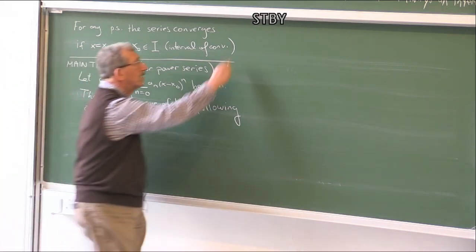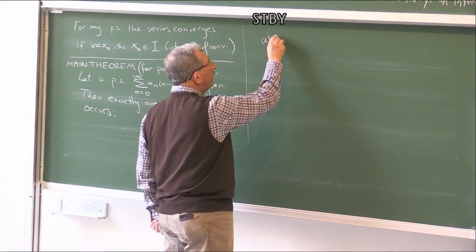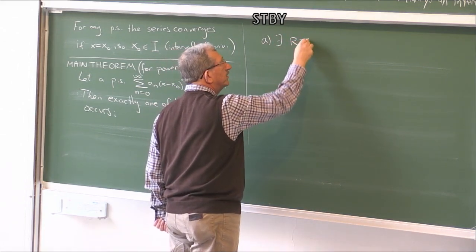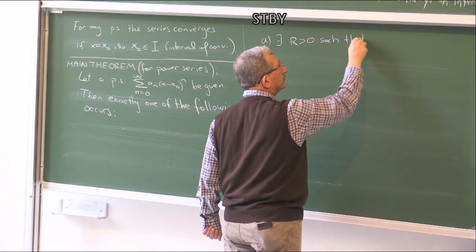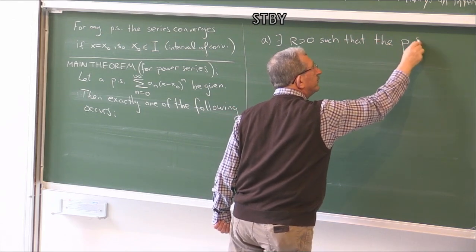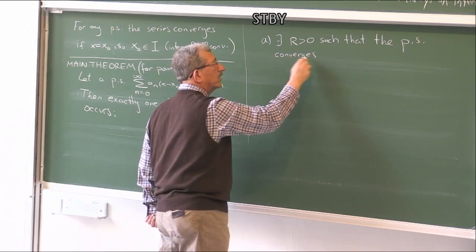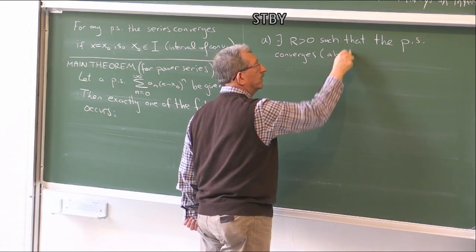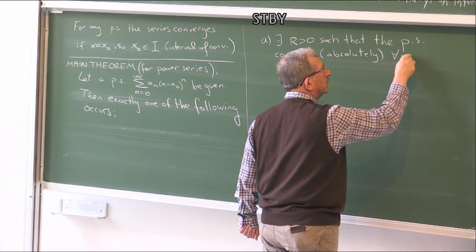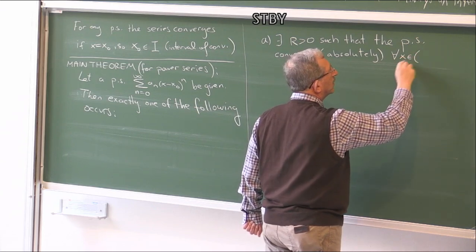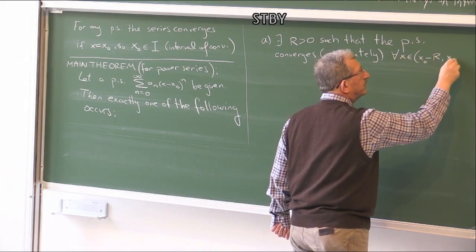Firstly, there exists a positive real number r such that the power series converges, in fact, absolutely, for every x in the interval x0 minus r, x0 plus r.